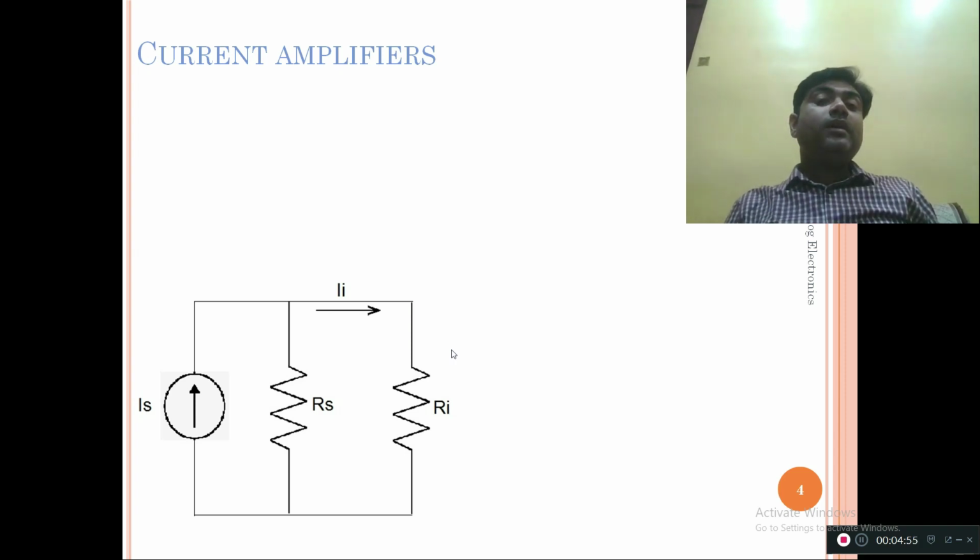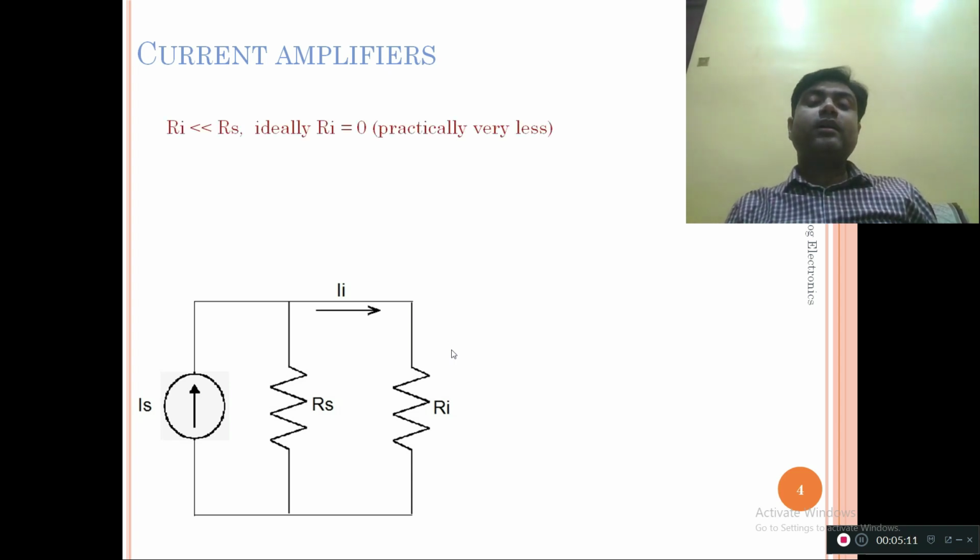So what does it mean? It means that if I want the current to flow across Ri, the value of Ri must be less than Rs, or practically a very small quantity.